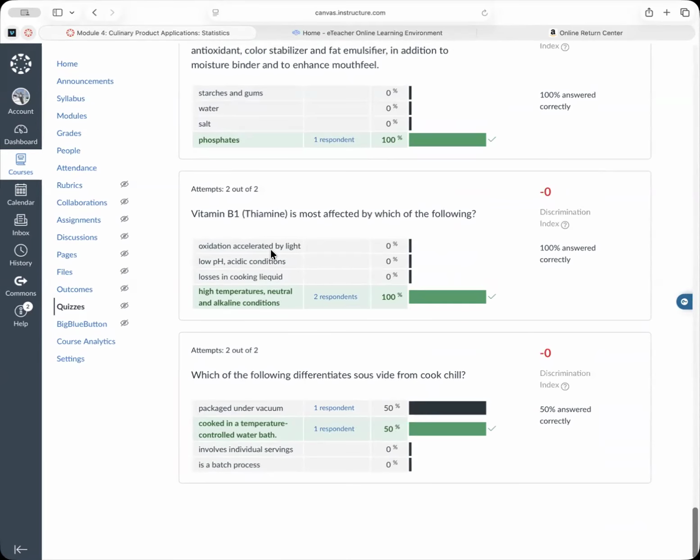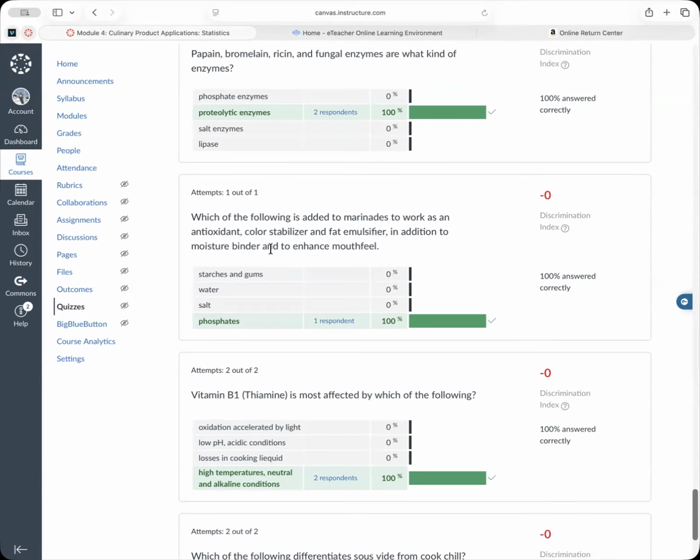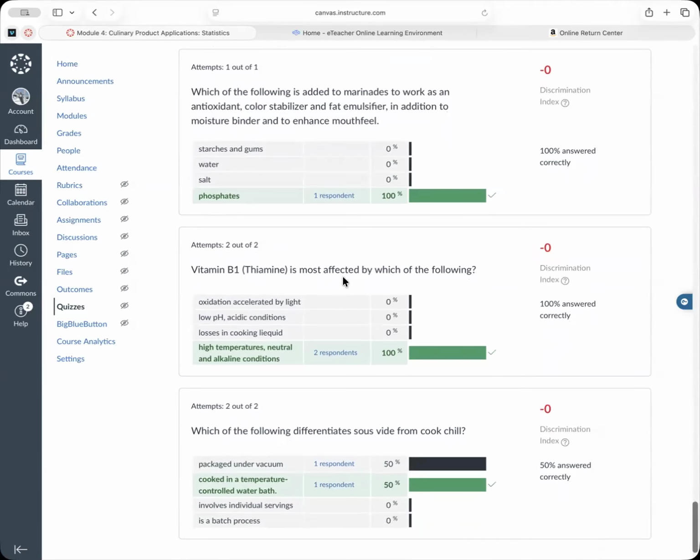And this one, I think you didn't read it. Cooked in a temperature-controlled water bath. So this one here you got right. Thiamine is an acid.